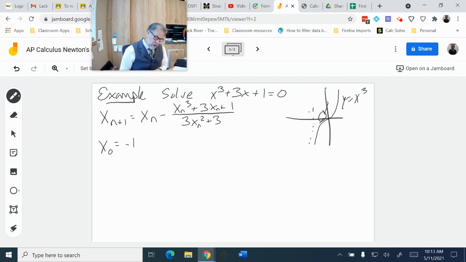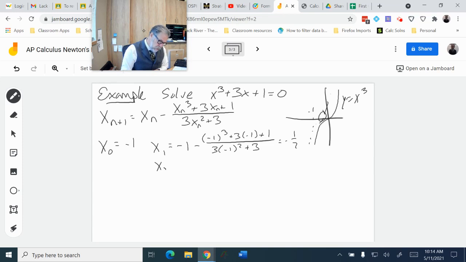And since it's going to converge, it doesn't really matter as long as your guess is somewhere in the general vicinity. So what does x sub 1 equal? Well, x sub 1 equals -1 minus (-1 cubed plus 3 times -1 plus 1) divided by (3 times -1 squared plus 3), which equals -1/2.